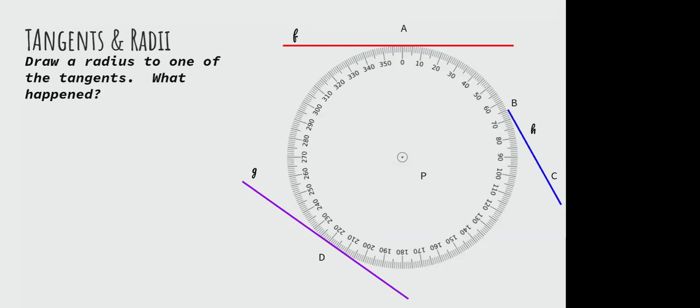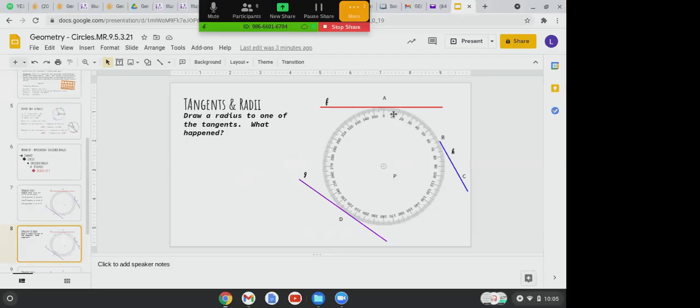I don't know where you would draw your tangent, but when you draw where you would draw your radius, I'm going to add one for you, to show where they would be or how they would look.